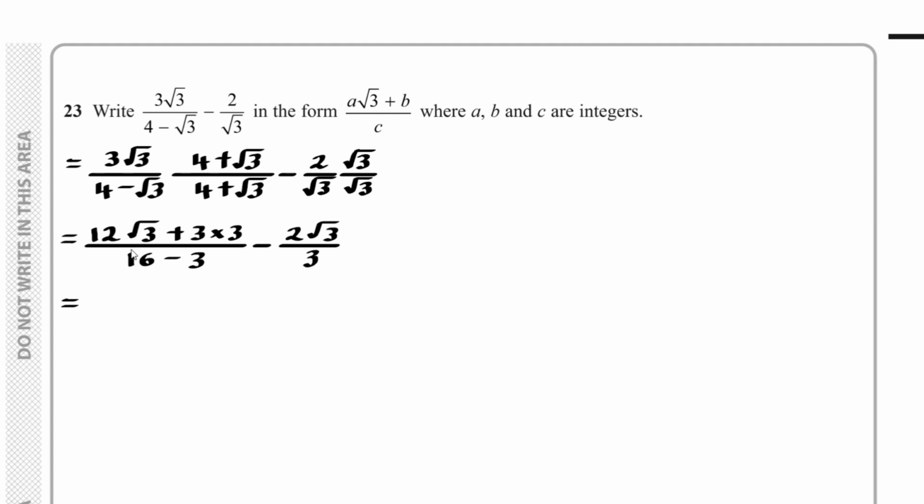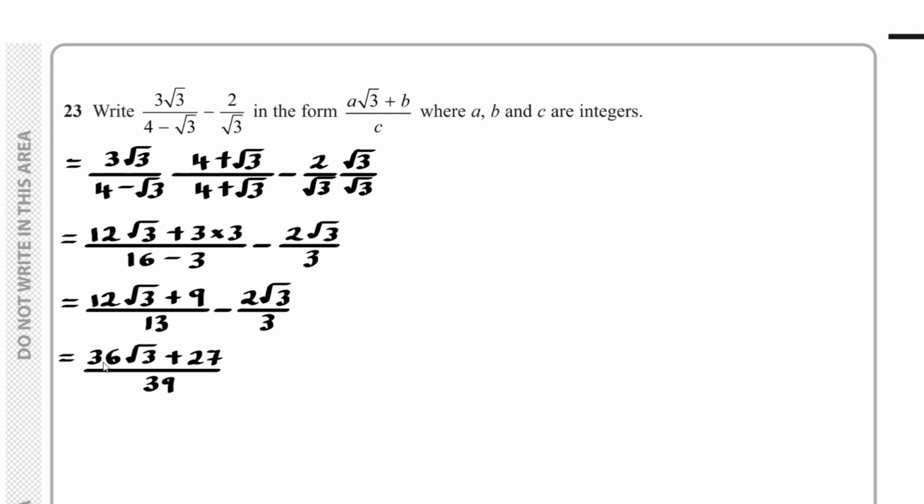So I've got 12 root 3 plus 9 over 13, and then I subtract 2 root 3 over 3. And I want this common denominator. The common denominator will be 39. So I need to multiply this by 3, and I need to multiply this by 13.